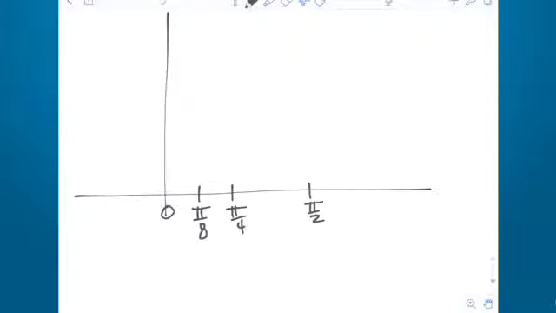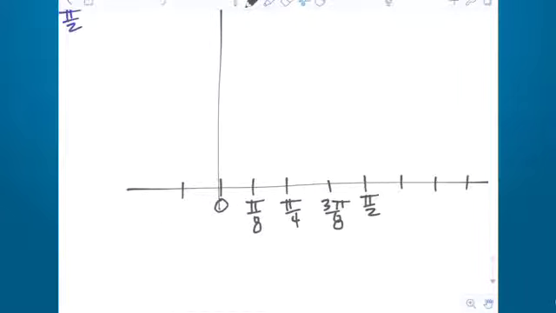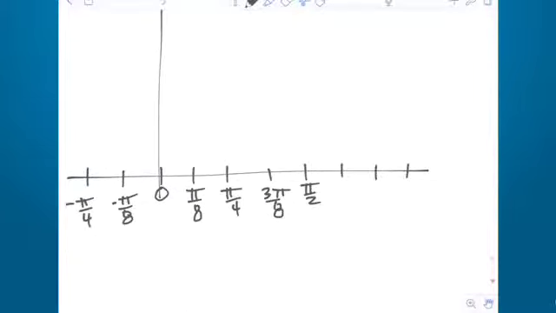Don't forget you still have 0, and then 3 pi eighths. And now to add more critical values, just try and keep that spacing the same. And then we'll come back here to 0, negative pi eighths, negative pi fourths.